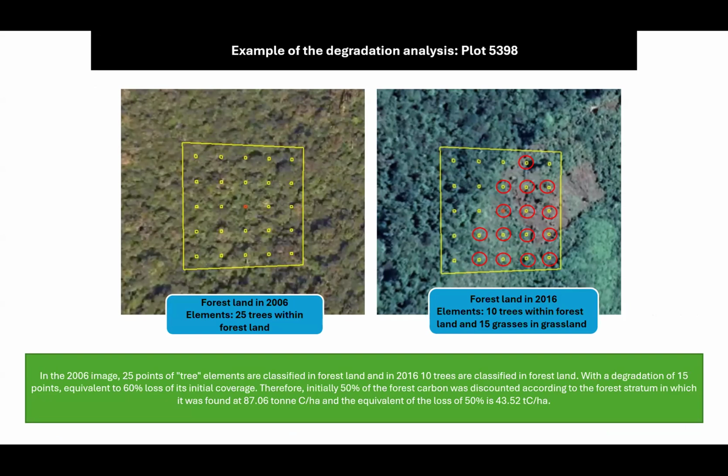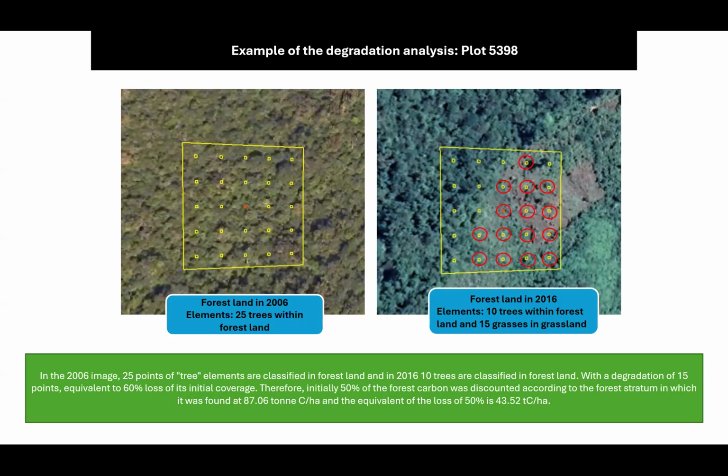And in 2016, we saw that there were 10 tree elements, and the plot lost 15 tree elements, and this passed to grassland. But the plot is still considered a forest, because in Guatemala, if the forest has more than 8 tree elements, it is considered forest.